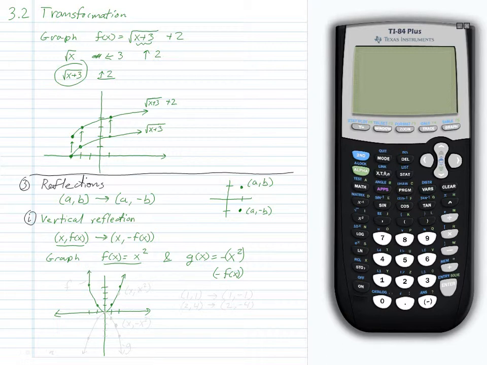The graph of g of x, if I take every y-coordinate on this graph that I have, and I make it negative, well, (0, 0) can't really go anywhere. But (1, 1) will get reflected across and be at (1, negative 1) on my new graph. (2, 4), similarly, will reflect and give us the point (2, negative 4).